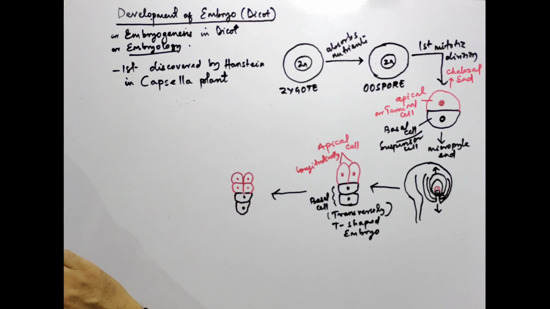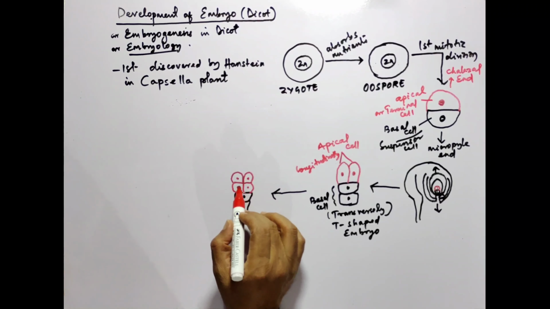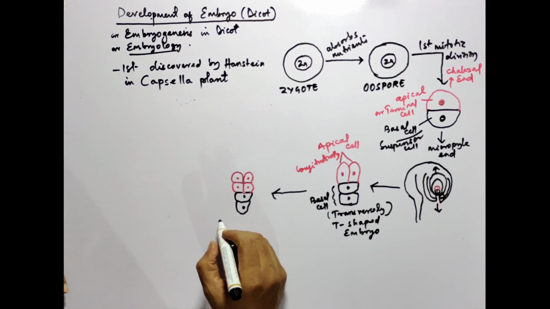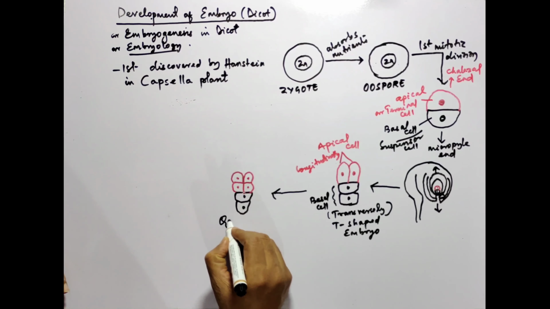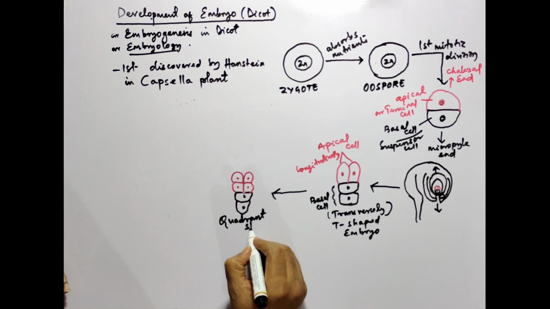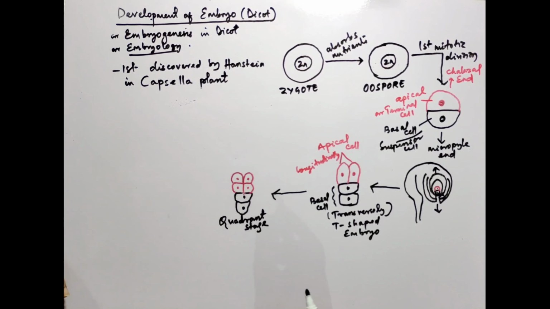In this, four cells are produced, so this stage is named the quadrant stage. Quadrant means four cells are produced.